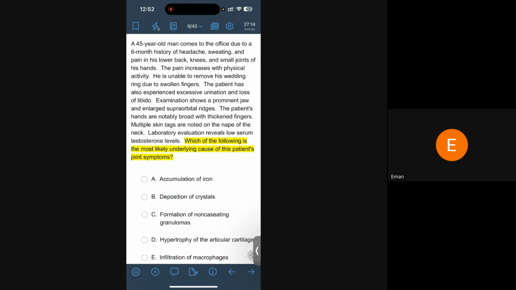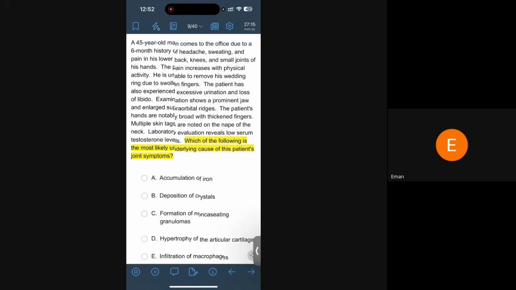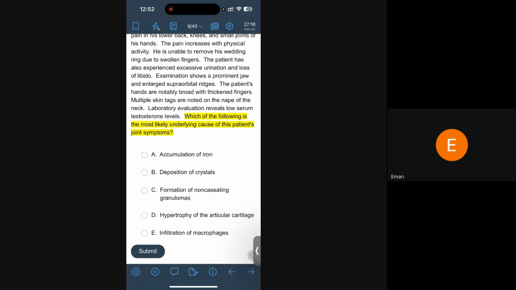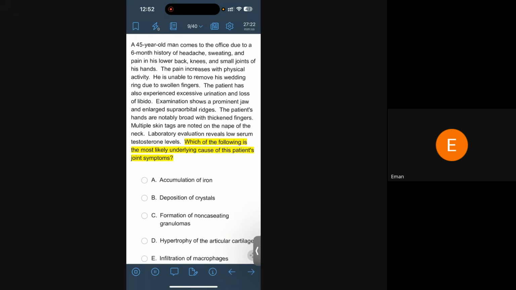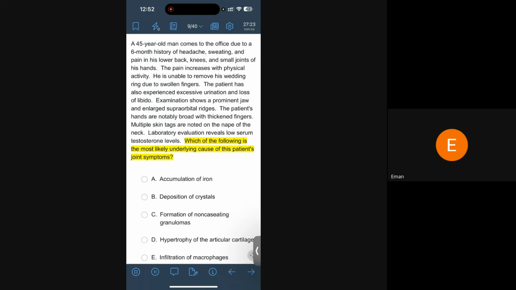Which of the following is the most likely underlying cause of this patient's joint symptoms? Let's first try to make the diagnosis here, see all the abnormal findings.